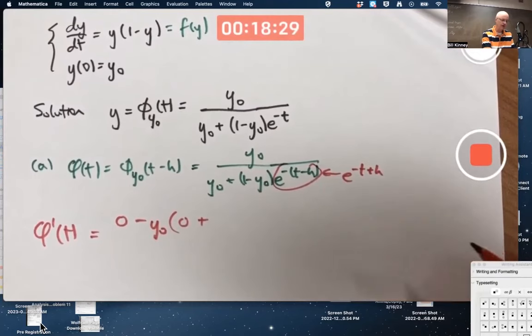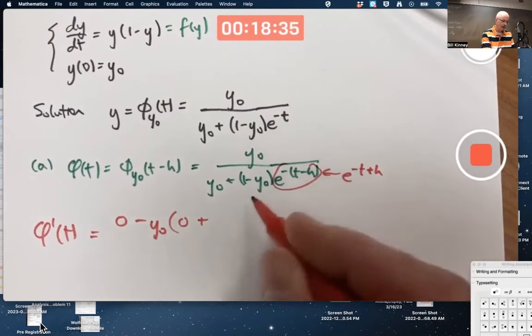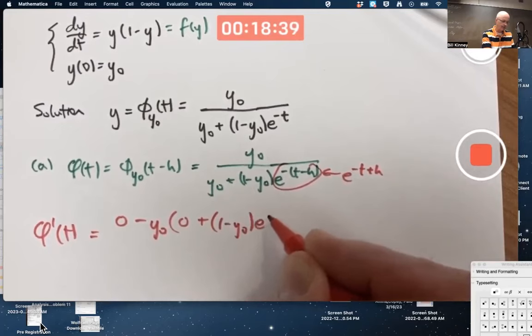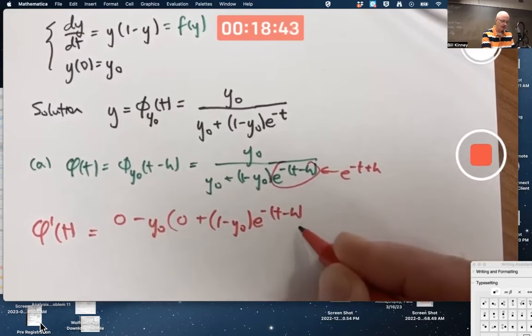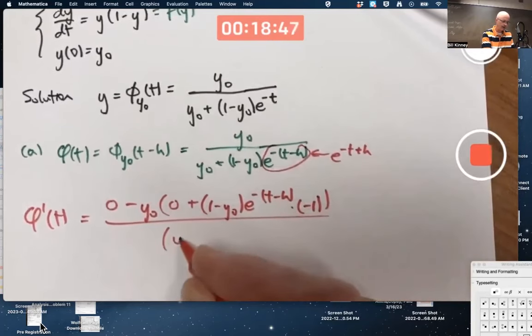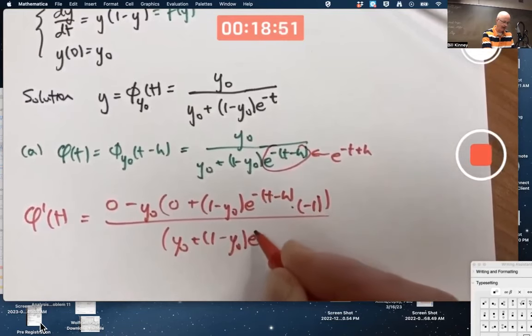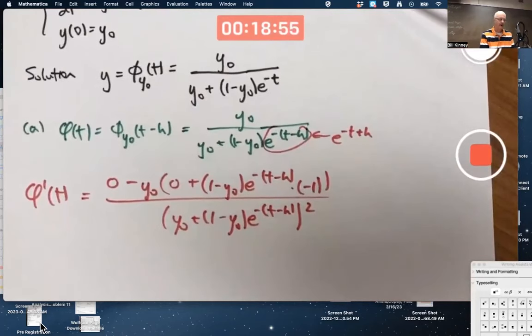I'll need the chain rule. I'll get an extra factor of -1 because of the negative in front of the t. The 1 minus y naught can just stay there. And maybe I'll go back to using parentheses here, get an extra factor of -1, divided by the square of this whole thing, and you do not have to square this whole thing. Just write it as a square. Maybe you tried squaring it, but you don't really have to.